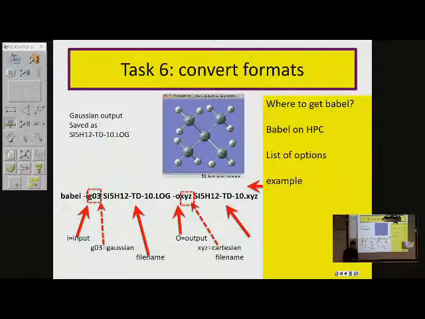If you see it for the first time, it looks a little crazy, like -oxyz, but it means dash output, Cartesian. Then space, and then you give the name of the output file. So in fact, it will convert this file into this file. This one will be in the format of Gaussian, this one will be in the format of XYZ.